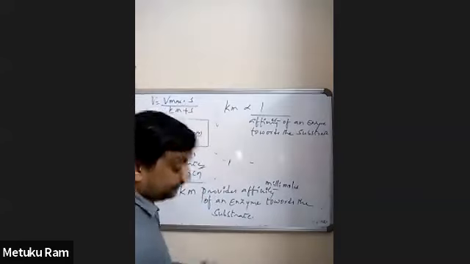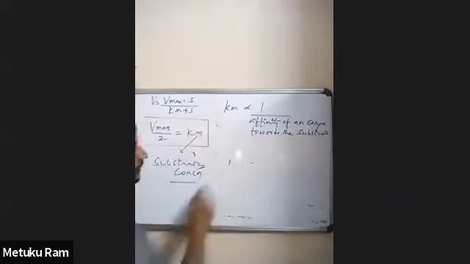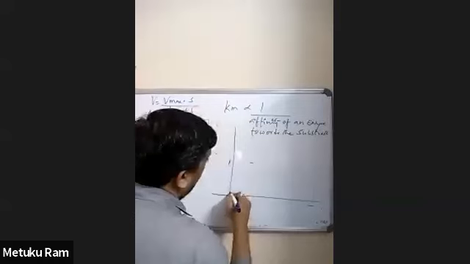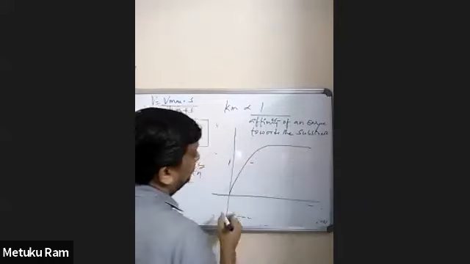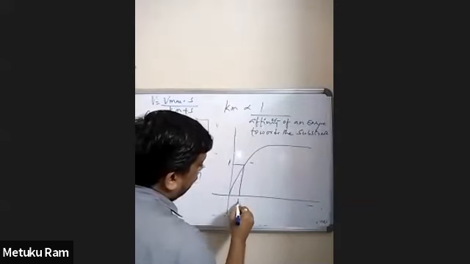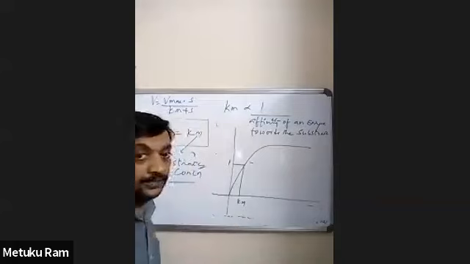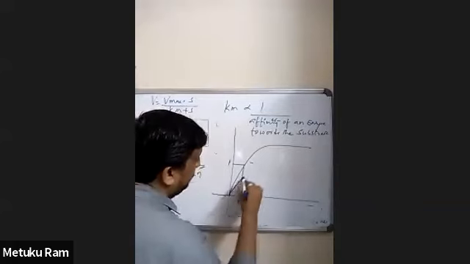Now, for example, if this is a graph, here we have this one, and this is a Km value, and here there is one more reaction.